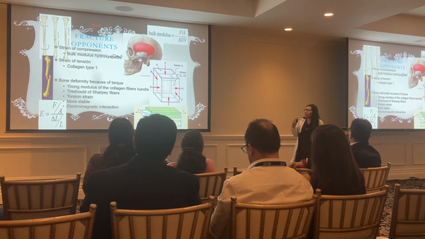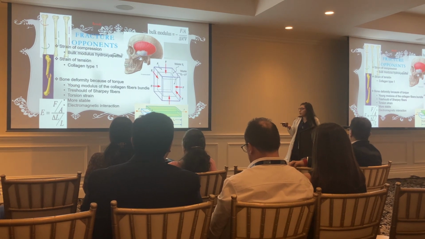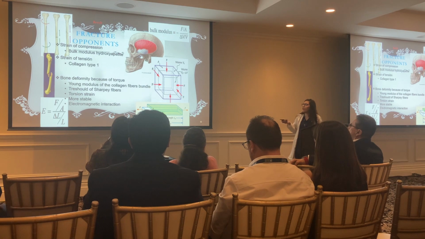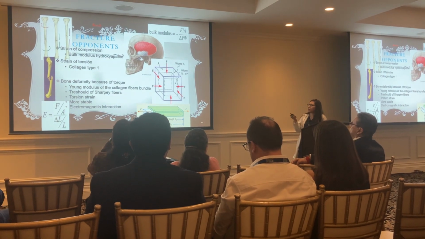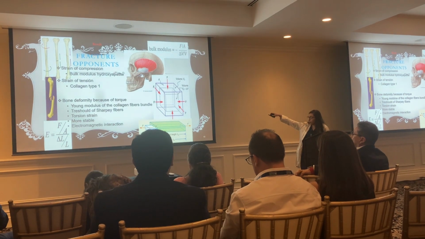Then we have the Young's modulus and bulk modulus. The bulk modulus depends on the compression of the volume that we have. Here we are talking about the compression of the bone, so we are modeling the bone with a cube.